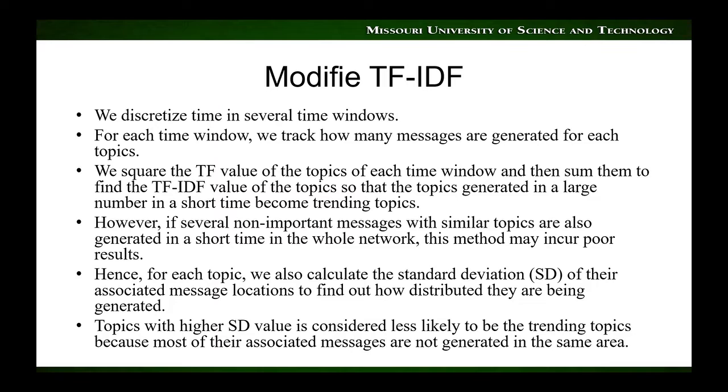So if we find some topic is hot by the TF-IDF value, we cannot be sure if it is actually hot because this topic can be generated in different areas. That's why we calculate the standard deviation also. And if we find that the standard deviation is too much for some particular topic's related messages, then we mark the message as less important.